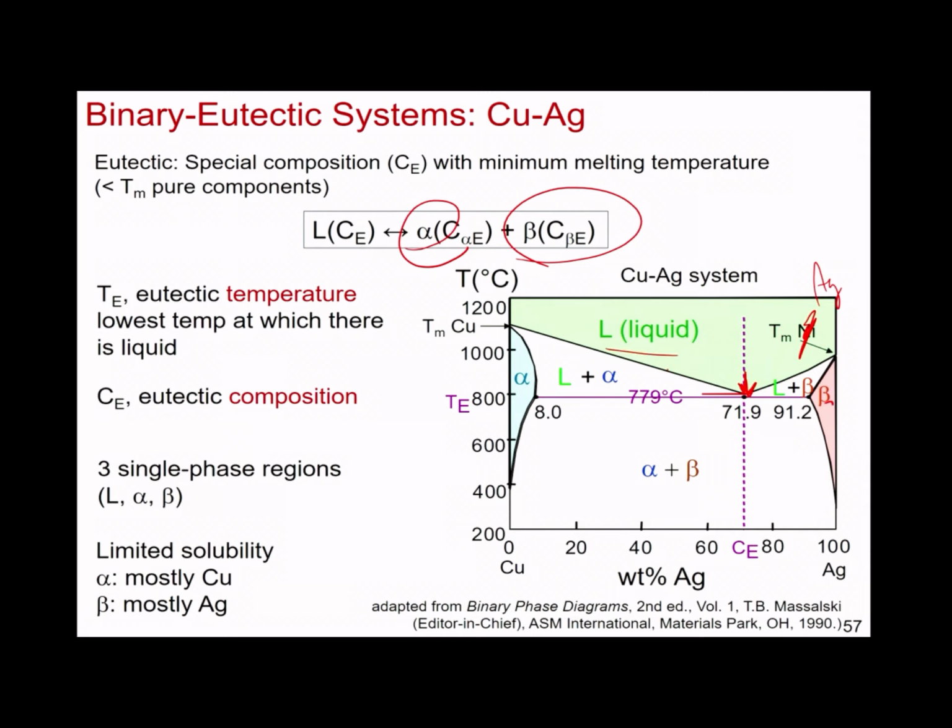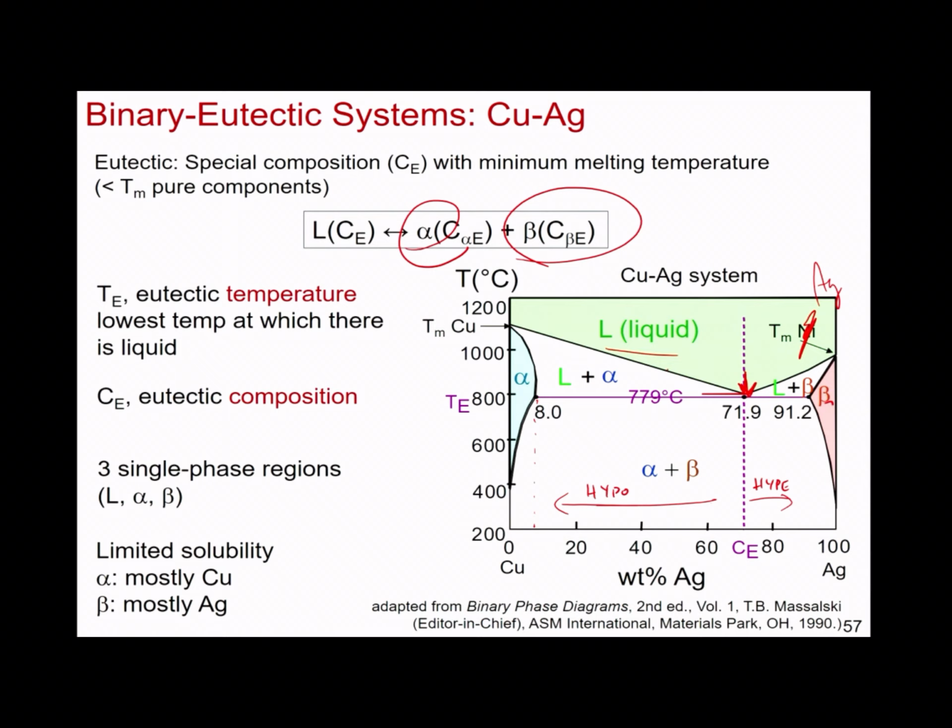Here you have liquid, but any composition from here to here, your solubility limit of silver going into copper is what's called the hypo, so less than or below, you're less than the eutectic concentration or eutectic composition. So that's hypo. Above that is hyper. Okay, so I'll just write that out explicitly. Hypo, hyper. So this is a eutectic system. So it's hypo-eutectic and hyper-eutectic.